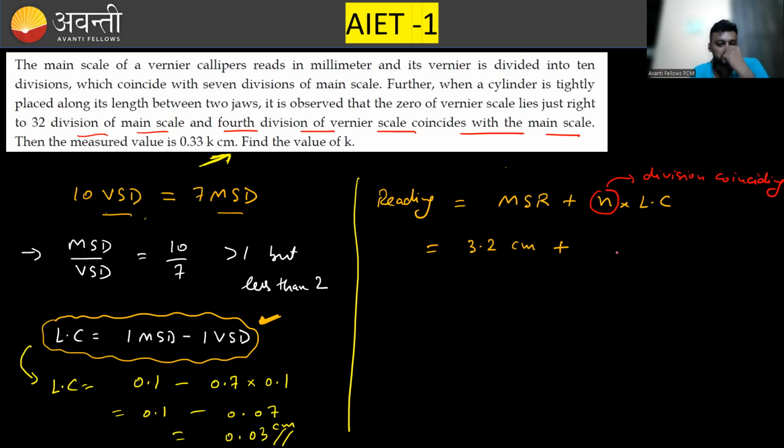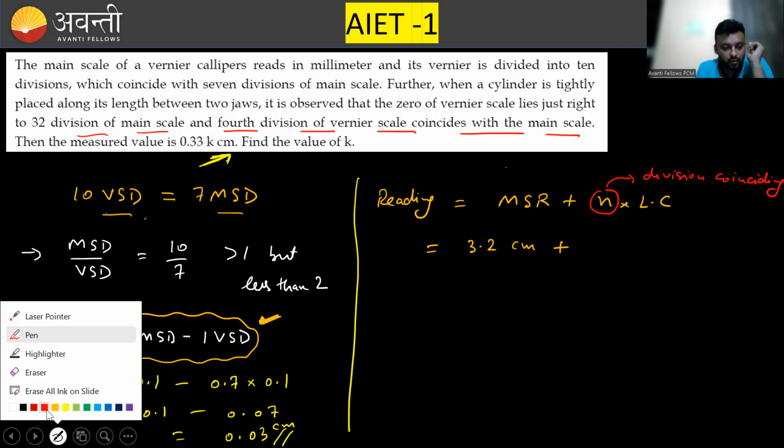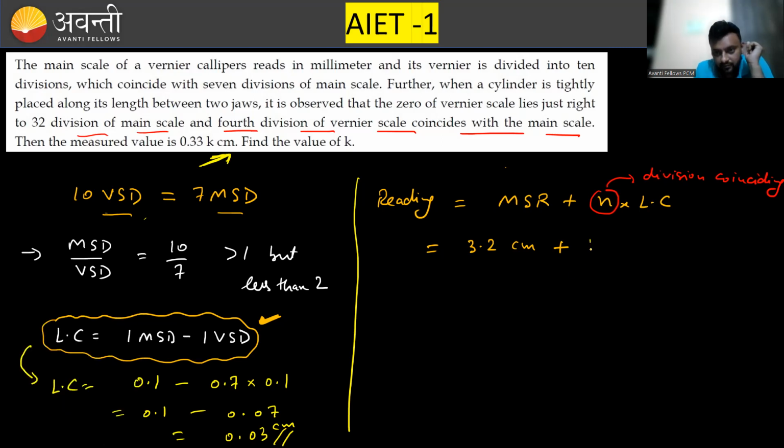So which division is coinciding? They are saying fourth division is coinciding. So you can write it as 4 into least count, which is 0.03. So that will be 3.2 plus 4 3s are 12, that is 0.12. That is 3.32 centimeter. So result is 3.32 centimeter.